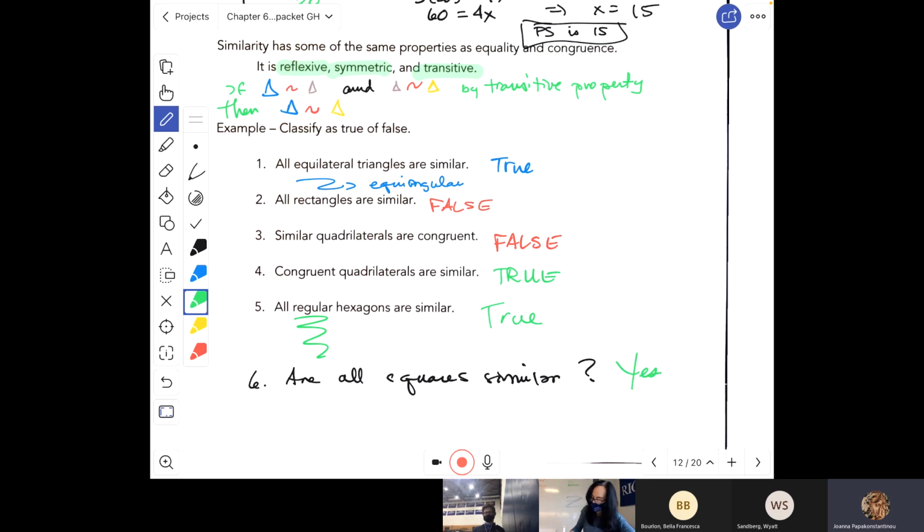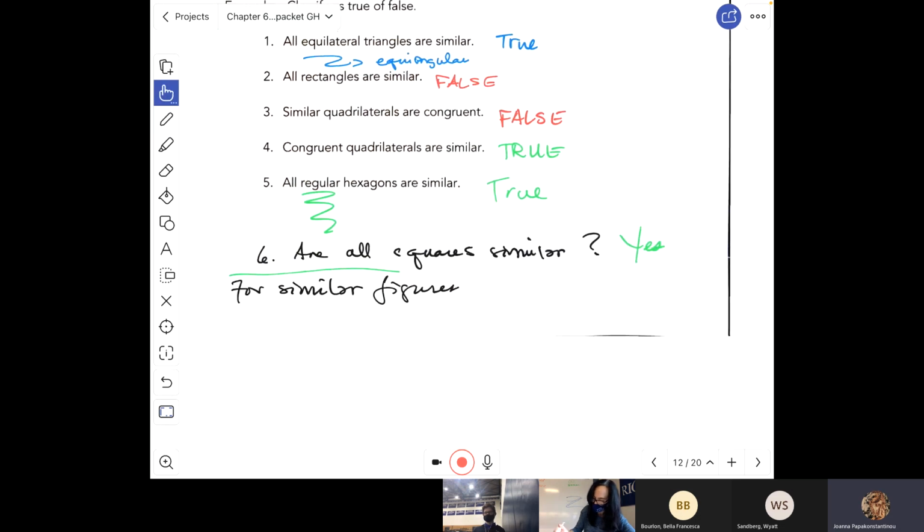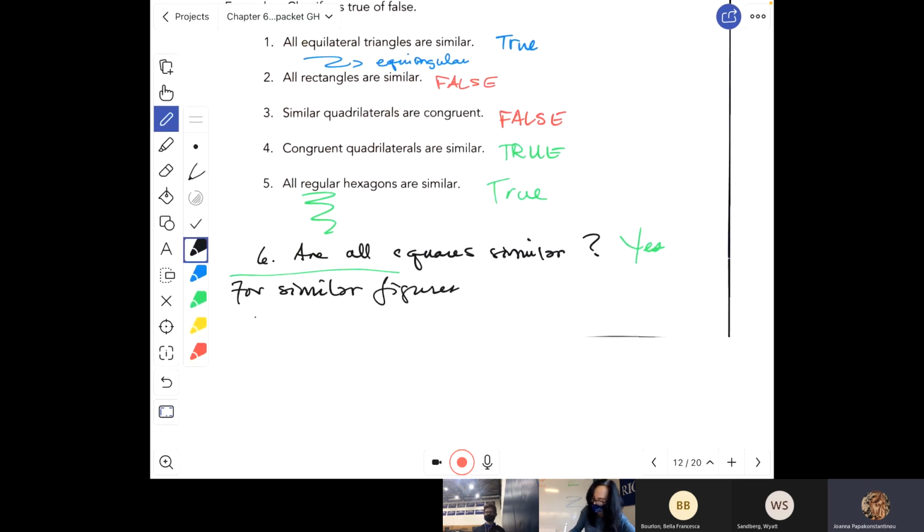So just a little hint for similar figures: when you're dealing with similar figures, you want to first find the corresponding pair that you want to work with.